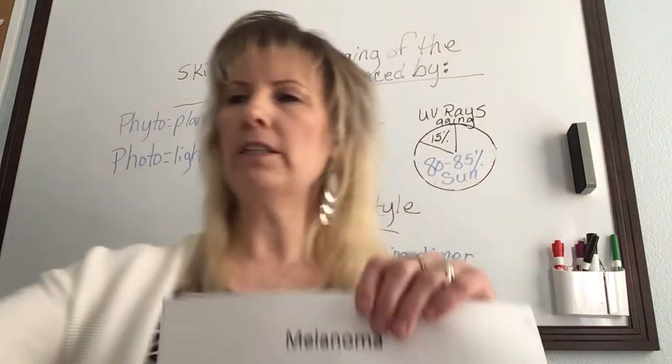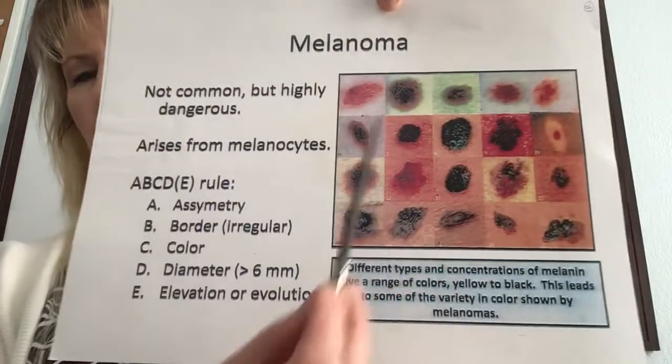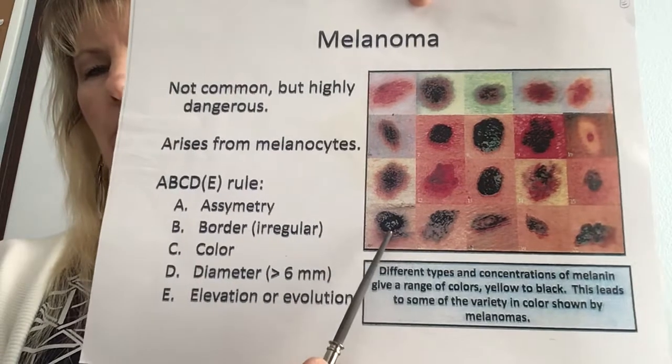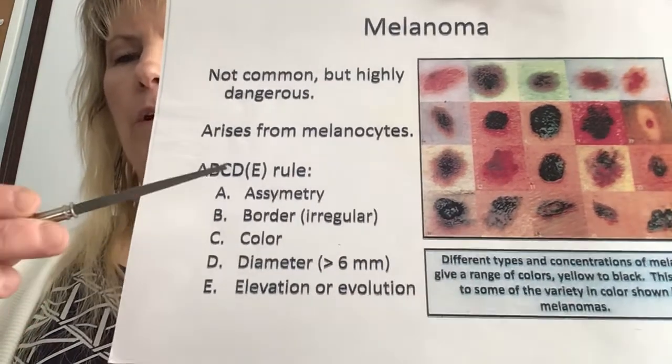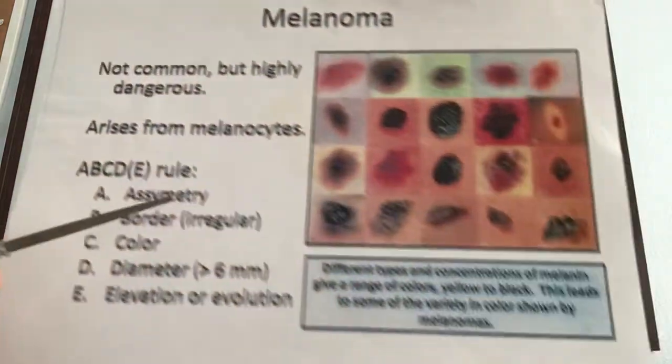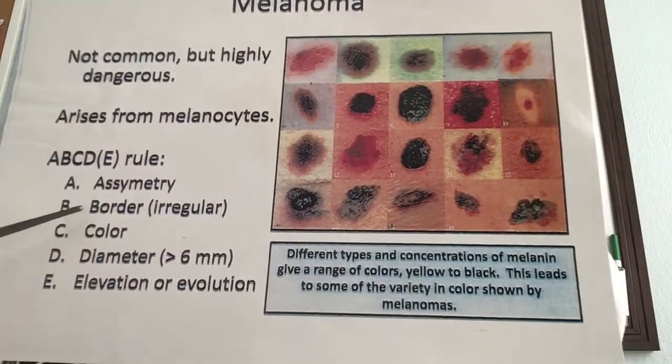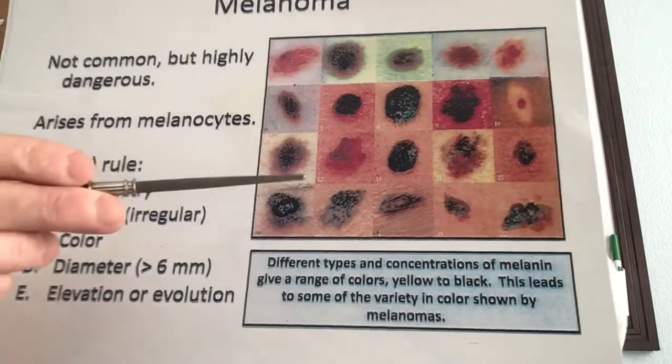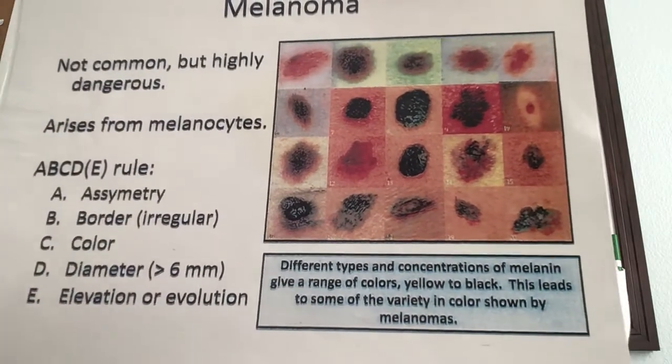And so I was going to show you this. Here are different kinds of melanoma. So we always follow the ABCDE rule. And so A is asymmetry. B for border. Is the border jagged and irregular?